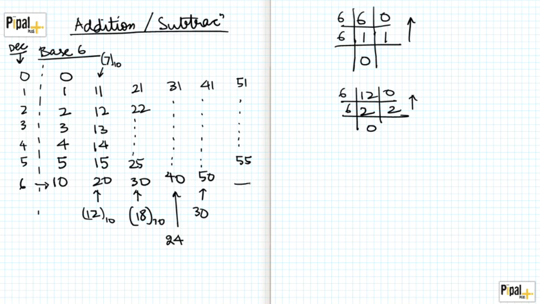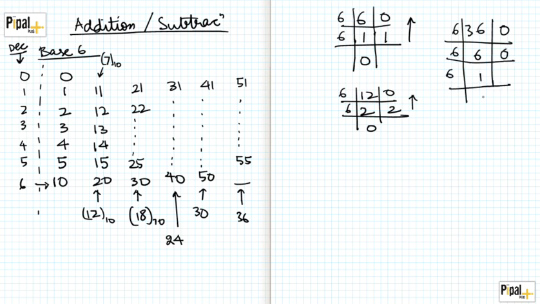Now we are talking about the representation of 36, right? So 36 converts into base 6: 6 6s are 36, no remainder, 6 1s are 6, no remainder, and 6 0s are 0, 1 remainder, right? So notice that 36, which is the square of the base, is represented by 100, right?